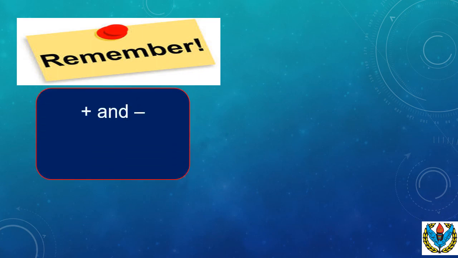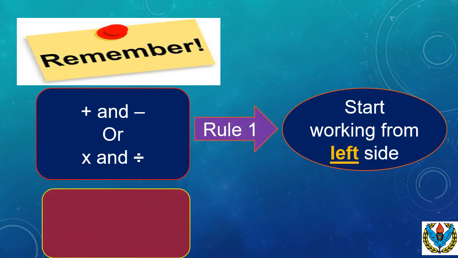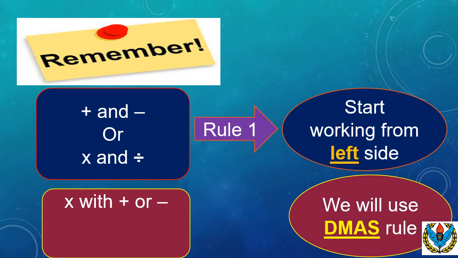The points which we have to remember in this whole lecture are, if in any question there are two operations only, addition and subtraction or multiplication and division, then how can you solve that question? You will start working from the left side, and this is according to the rule number 1. Now in other case, if in any question there is the multiplication operation with addition or subtraction, then you will use the DMAS rule.